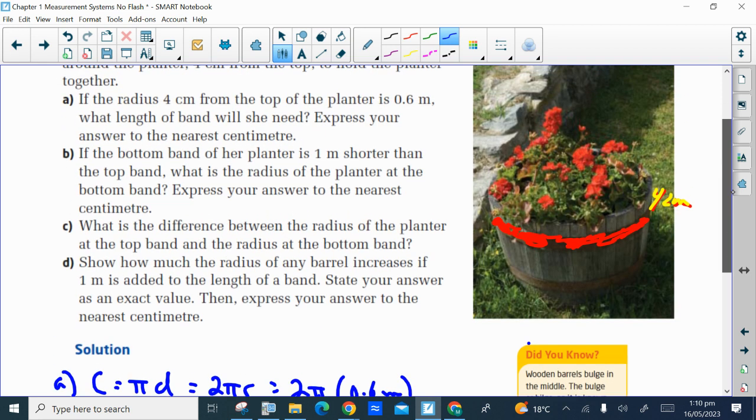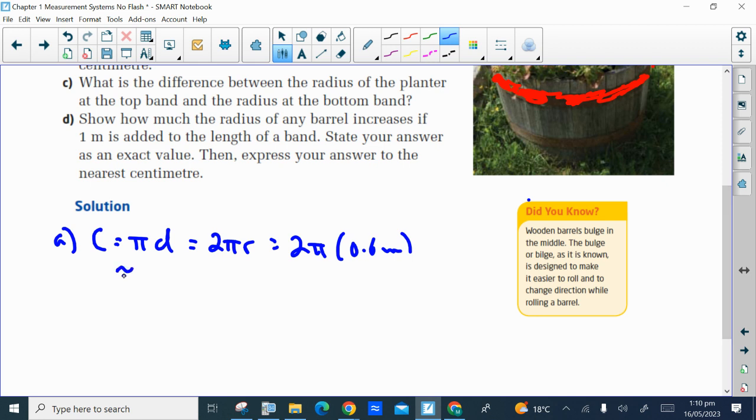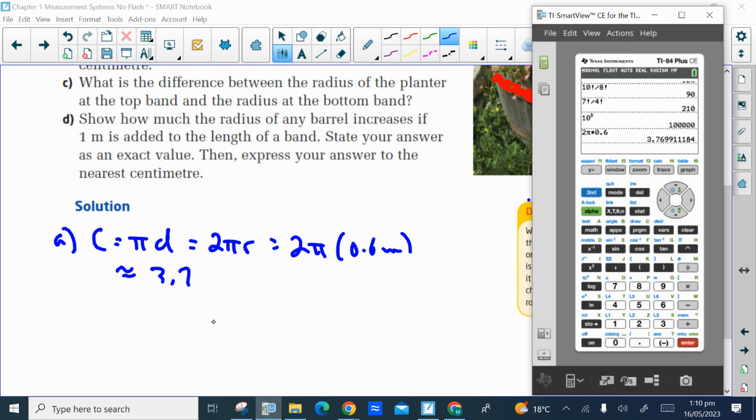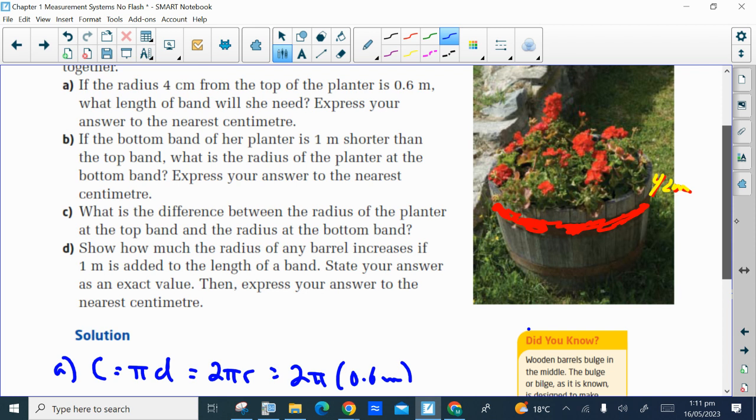To the nearest centimeter. This number that we got here is in meters because I used 0.6 of a meter, 3.7699. And that is in meters. Notice that the question wants us to give it to the nearest centimeter.